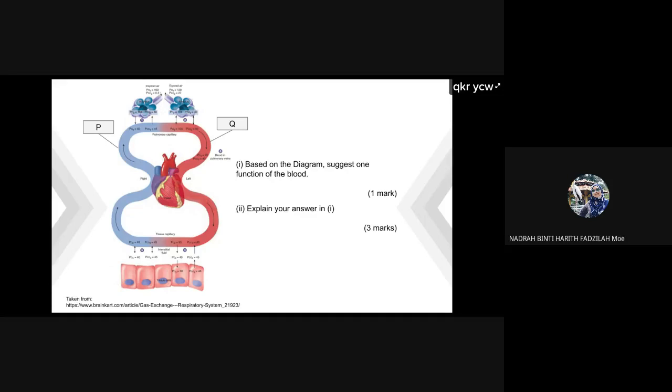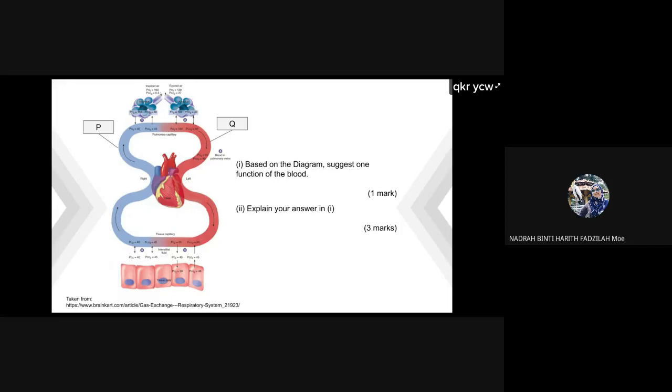Why this question came up? Because in the topic transport, we will discuss further about the function of blood. One of it is to transport respiratory gases lah, macam kita discuss dalam kelas sekarang. Tapi ada juga untuk transport nutrient, for immunity dan sebagainya.